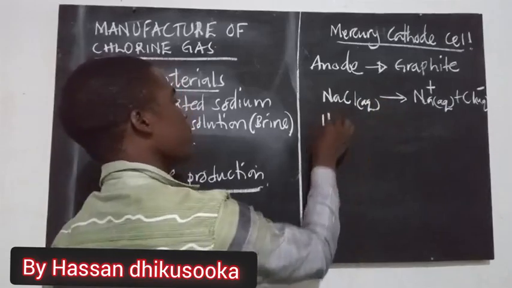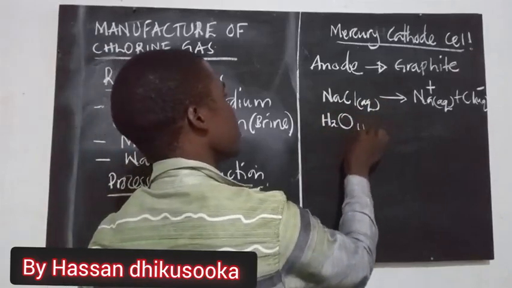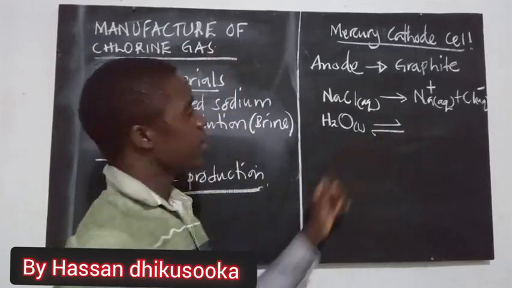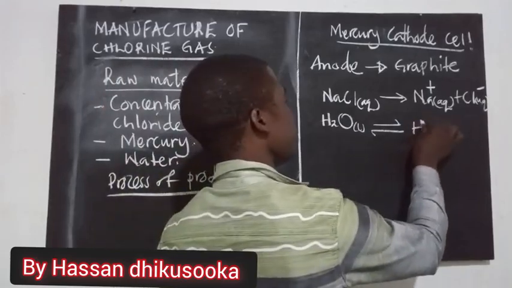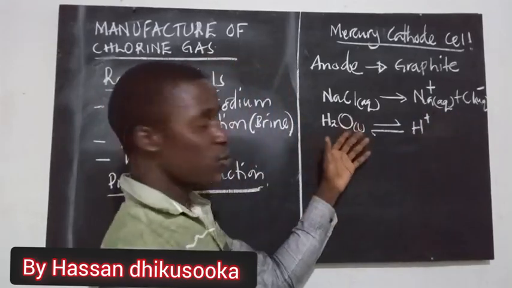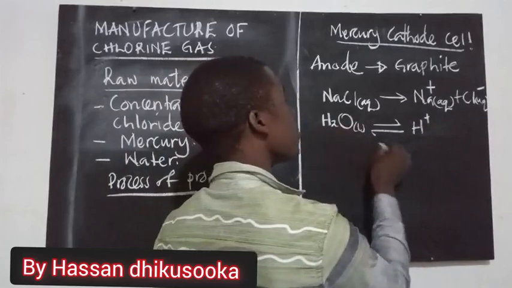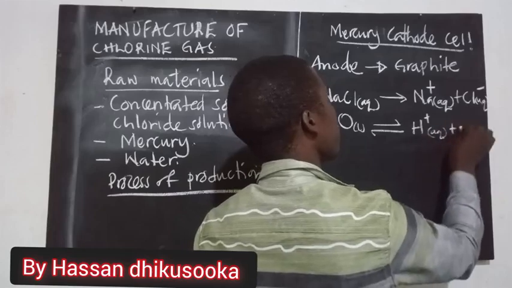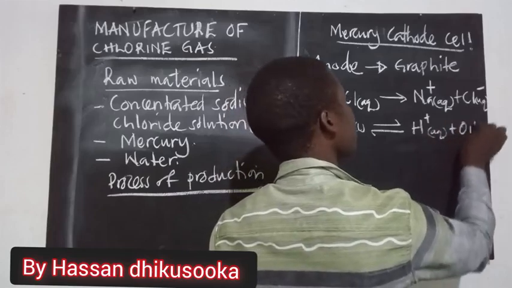This water you see here is a weak electrolyte. Since it is a weak electrolyte, it slightly ionizes in solution to give hydrogen ions and also hydroxide ions.